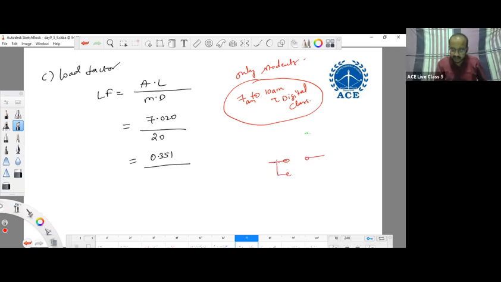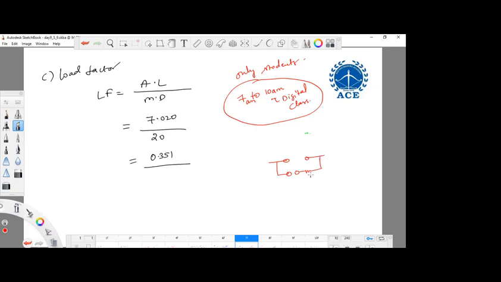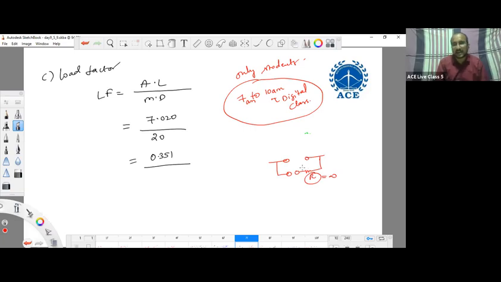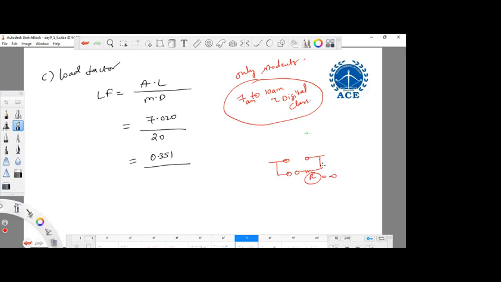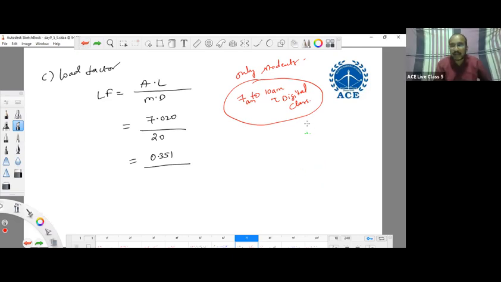So we are connecting a spark gap arrangement and resistance. If resistance is equal to infinity, it means you are not connecting any resistance. That is undamped. Sir, here we have a spark gap, which means it is also open circuit. No, that spark gap will conduct at 80% of the spark-over voltage.